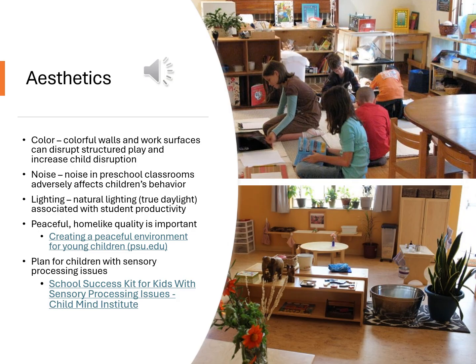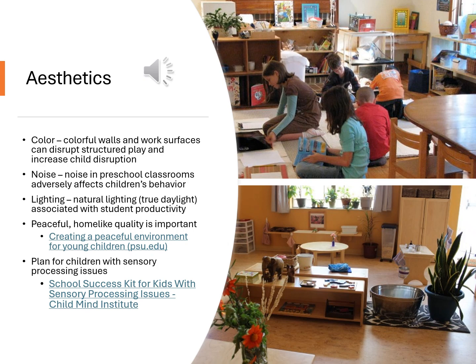So one is we want to pay attention to color. I know that historically children's classrooms have been a jingle jangle of bright, bold, primary colors, but we know through research that this is not actually the best kind of color environment for young children, particularly those bold, bright, loud, kind of harsh colors. They actually contribute to poorer behavior and less concentration.